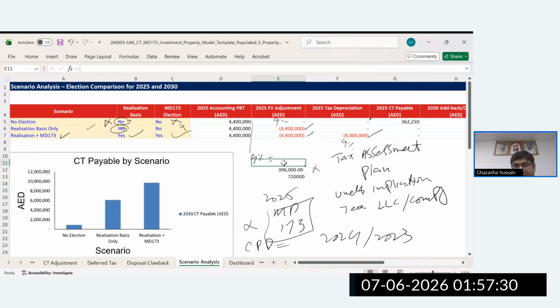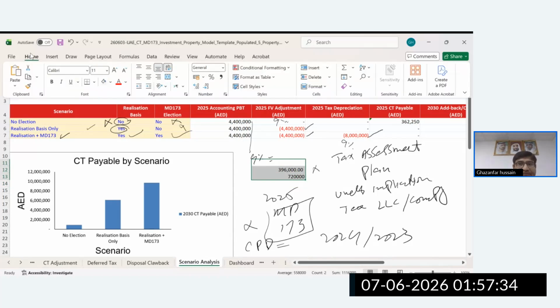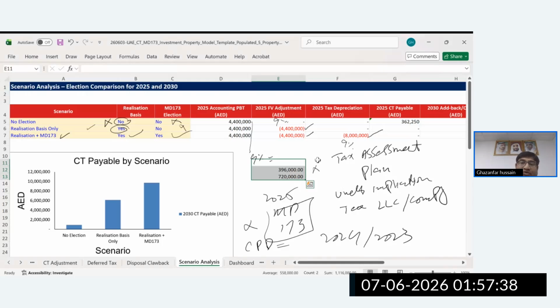So 720,000. If the person is familiar, ultimately how much did he save? 0.1 million, if we are doing the right practice and continuously following the taxation rules and regulations.